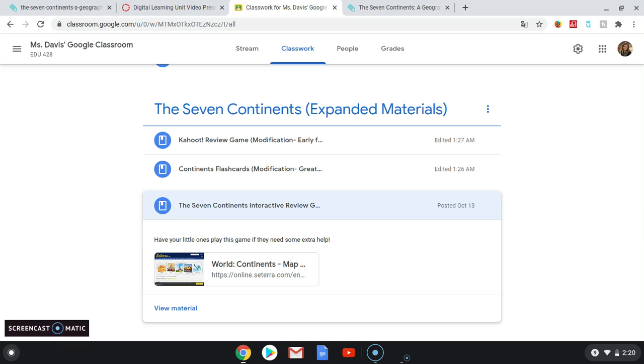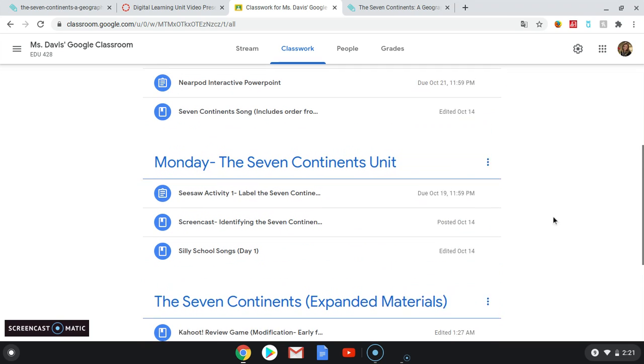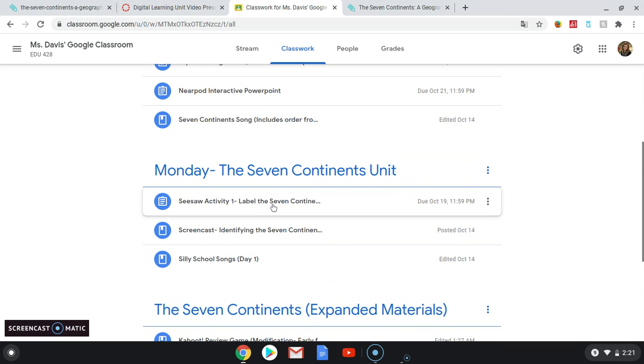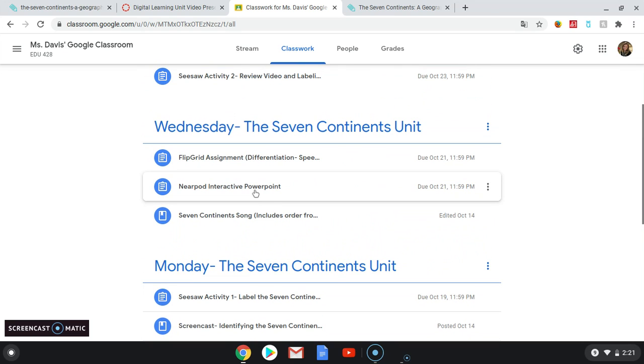And to monitor my students' progress, I had some form of formal or informal assessment each day by having the Seesaw activity, which I can check their progress before moving on to the next day. I had the Nearpod, which includes questions between each slide, where I could go back and look at the answers to their questions and see how they did.